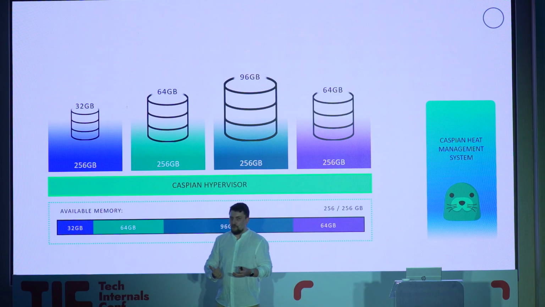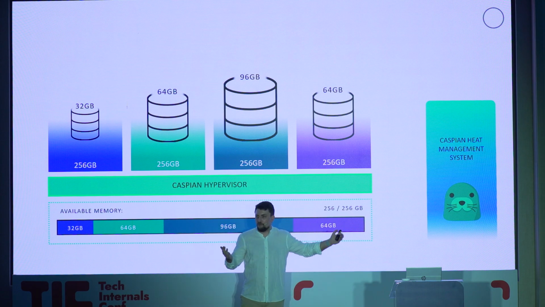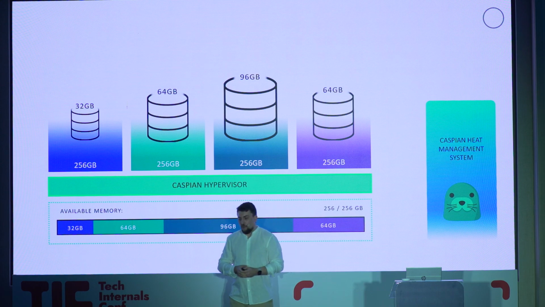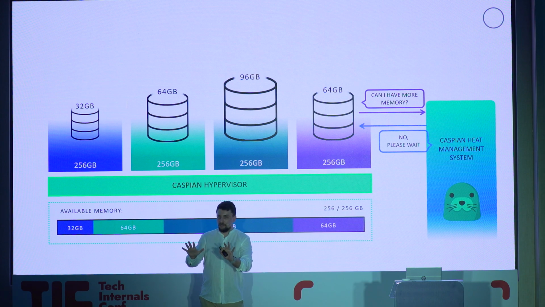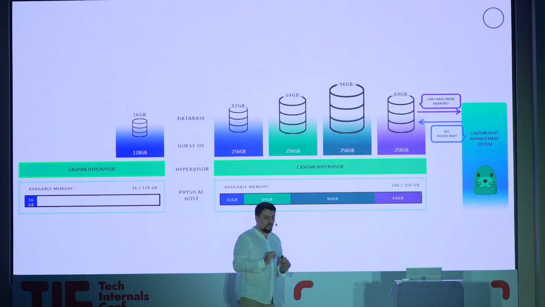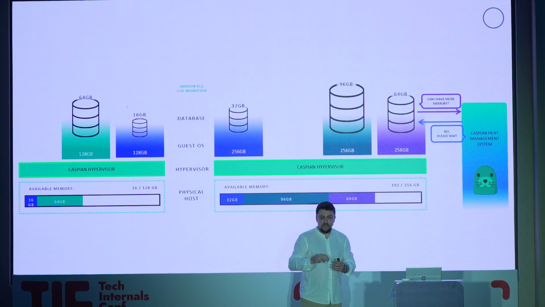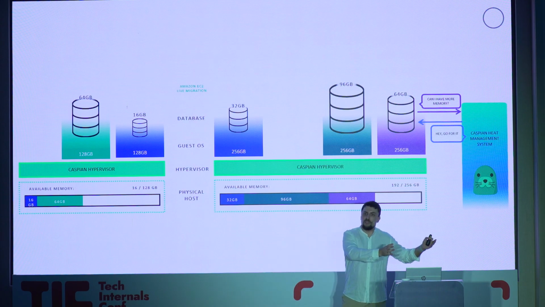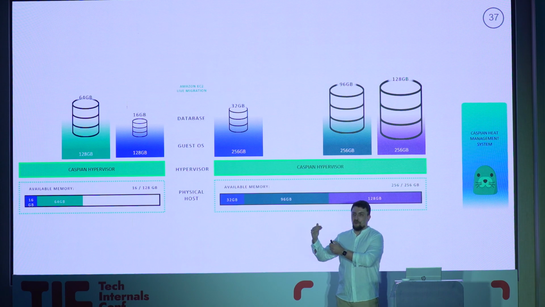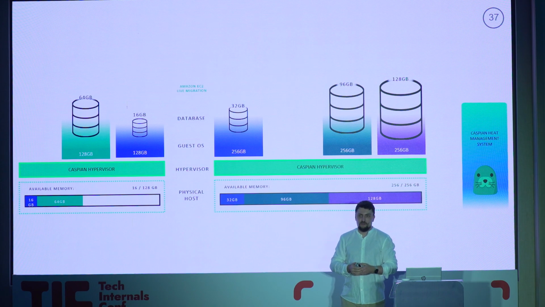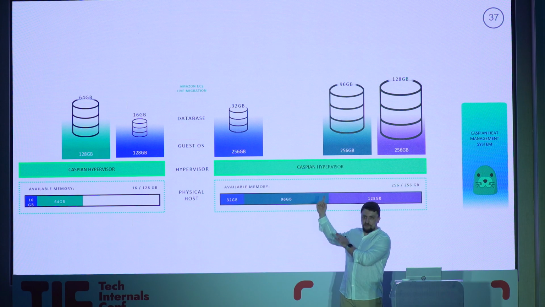But what if I reach the limit of my host? I don't have any more memory left. What will happen in this situation? Caspian will say, please wait, I need some time, and it will run an additional host and migrate some of the database instances to another host, providing the resources that were requested by the first operating system and the first database. How did we do it?